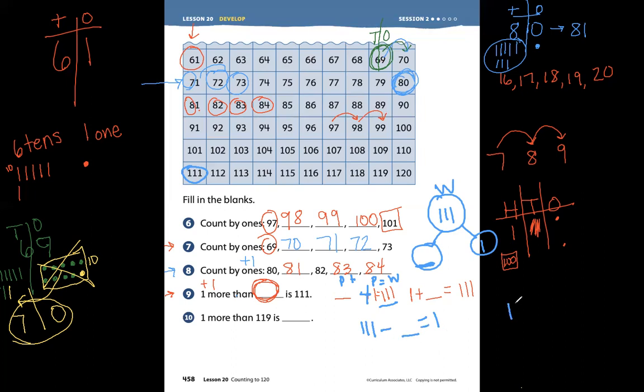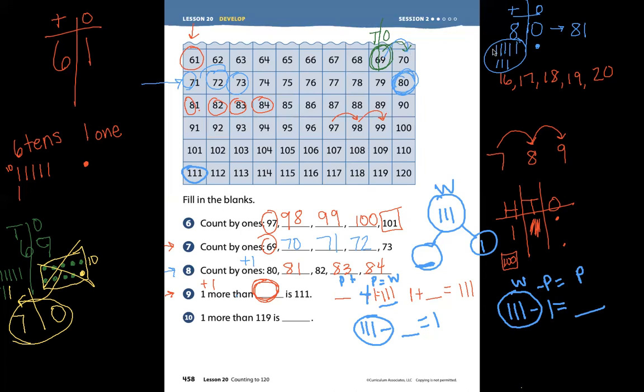Or I could do 111 minus 1 equals blank. Whole minus a part equals a part. Say it again. A whole minus a part equals a part. So if I have 111 minus blank equals 1, or 111 minus 1 equals blank, boy, that is so confusing.